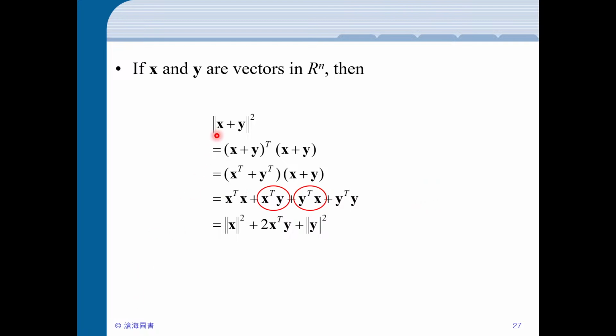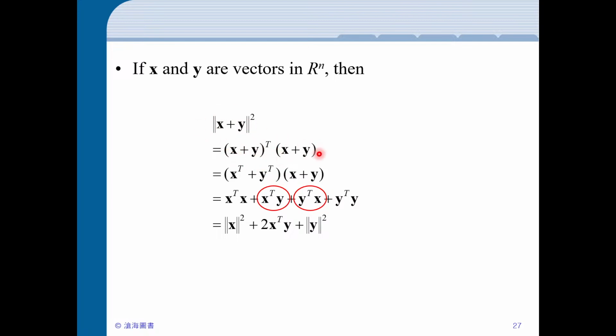Once again, we can derive the Pythagorean rule for orthogonal vectors. Anyway, I think this is a little circular here. We can calculate the norm squared of x plus y. Norm squared is a vector's inner product with itself.